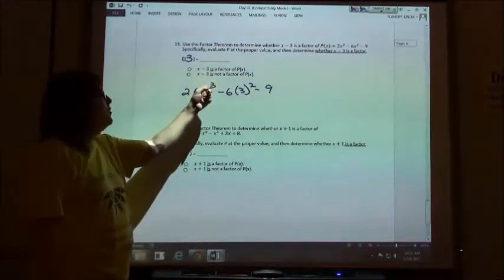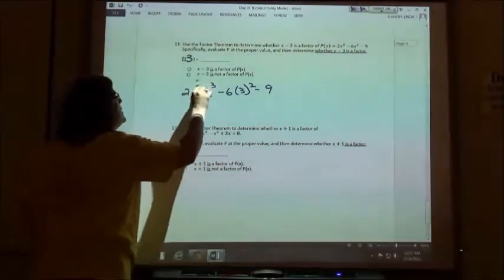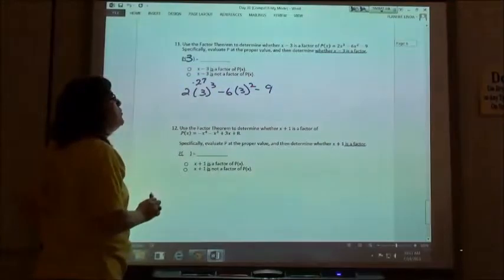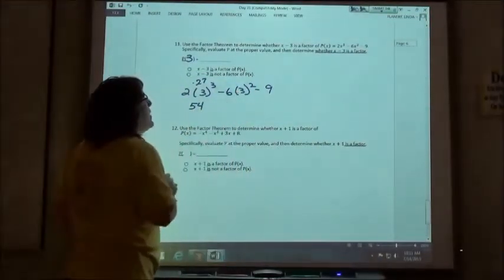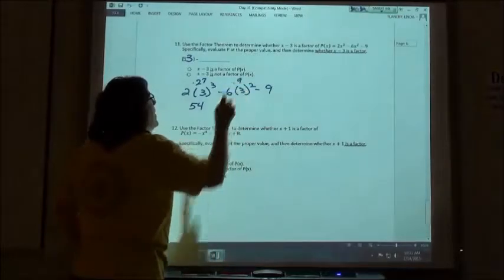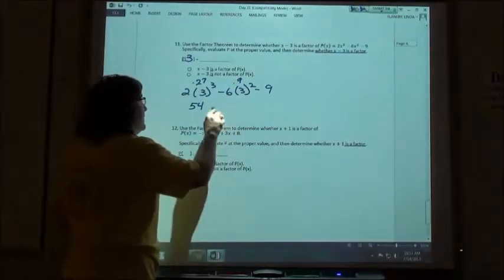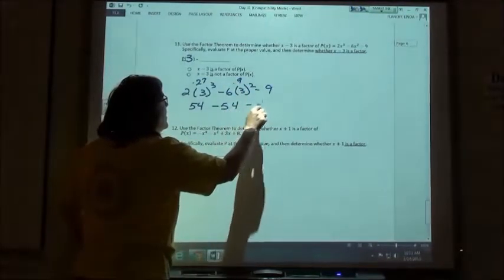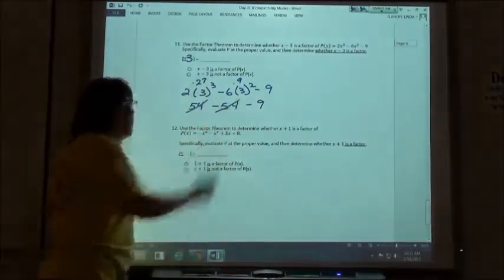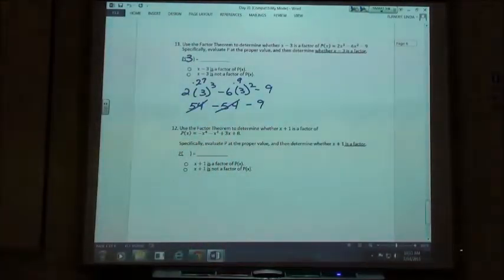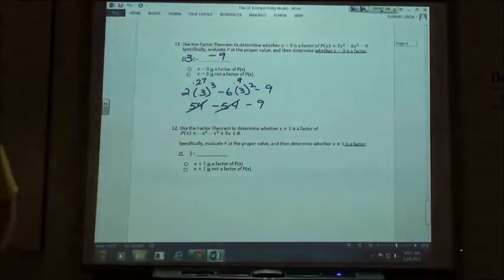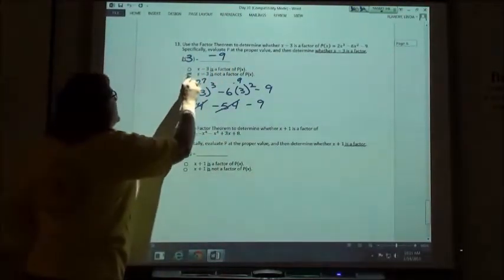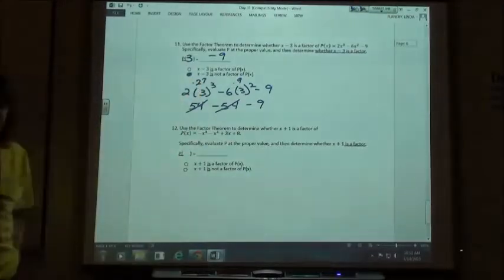So 3 cubed is 27. 27 times 2, 54. 3 squared is 9. 9 times negative 6, negative 54 minus 9. Well, that makes that easy. Our 54s cancel out, so we just get minus 9. Is x minus 3 a factor? No. We didn't get a 0, so it is not a factor.